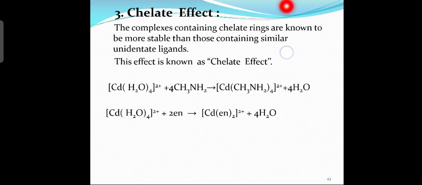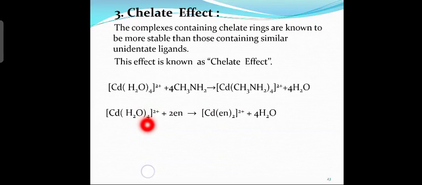Next, chelate effect. The complexes containing chelate rings are known to be more stable than those containing similar unidentate ligands. This effect is known as chelate effect. Okay. Now, which are the complexes? Cadmium tetra-aqua, you can see here Cd(H2O)4 2 plus, then methylamine combines to give Cd(CH3NH2)4 2 plus plus 4 H2O. Okay.